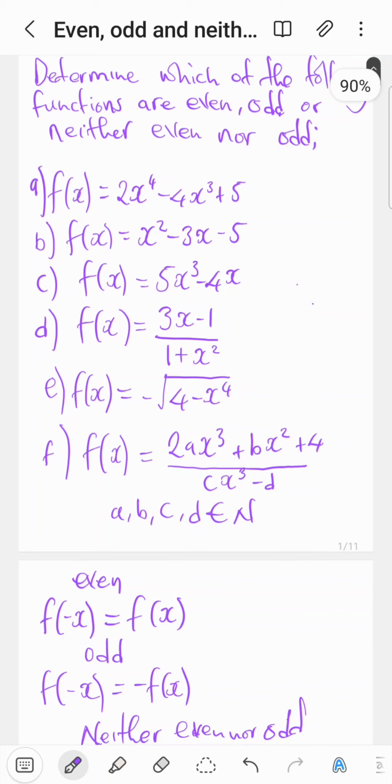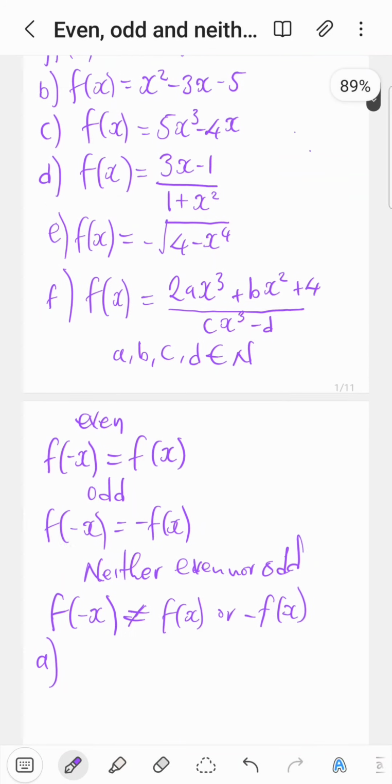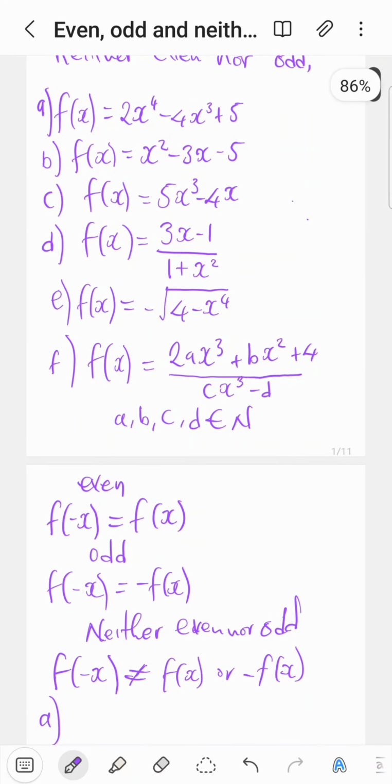Okay, let's now do the following examples. Determine which of the following functions are even, odd, or neither even nor odd. So without wasting much time, let's solve our first one.